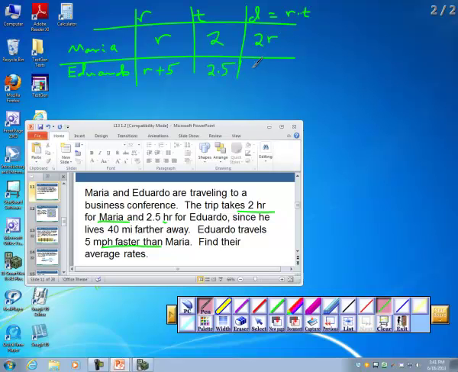You could put 2.5, but you have to put it in parentheses, because that's 2.5 times the whole expression.